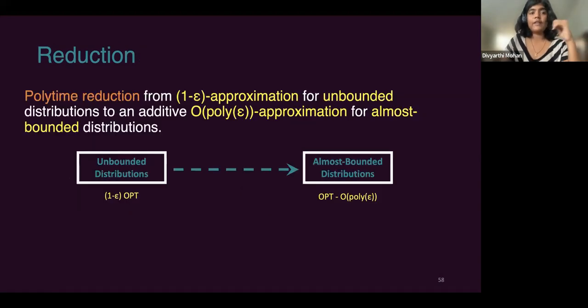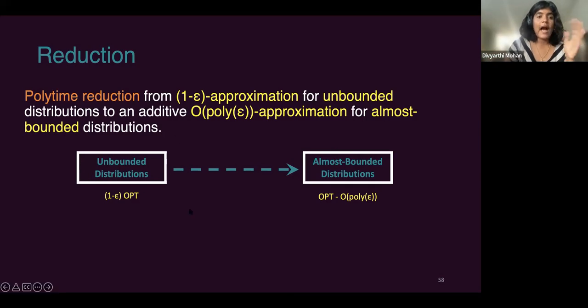And we show that we can actually get a polytime reduction from solving for unbounded distributions to get 1 minus epsilon approximations to just solving for almost bounded distributions. That is, it's enough to just find additive epsilon approximations for almost bounded distributions. So we can't just ignore the high values, but we are showing that we can just capture the tail with just one high number, and that's enough.